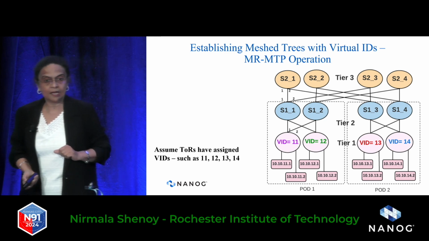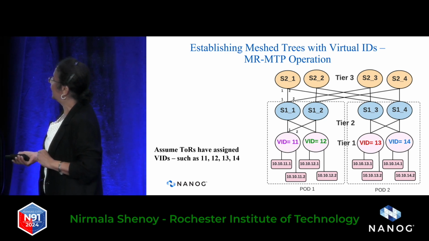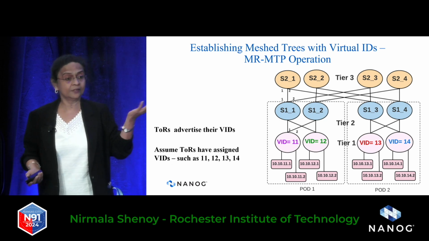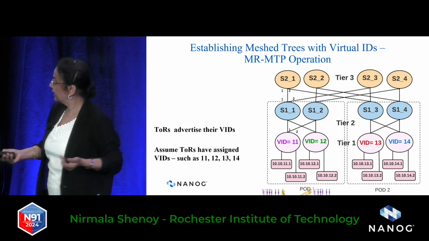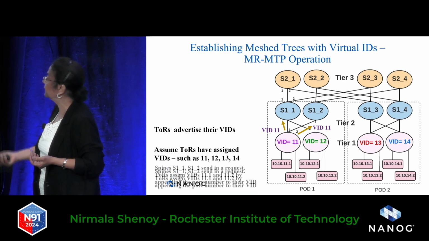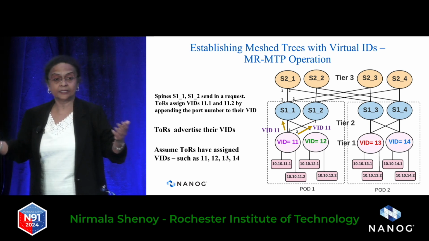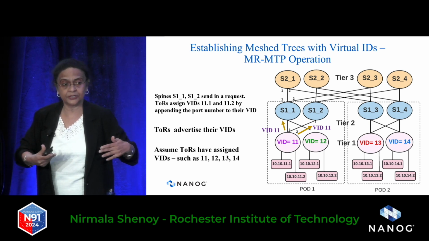So TORs have assigned VIDs, 11, 12, 13, and 14, and then the TORs will advertise their VIDs, right? So you see the advertisement going out on the 2 ports there, and spines S11, S12 get the VID and they say, hey, I want to join you.